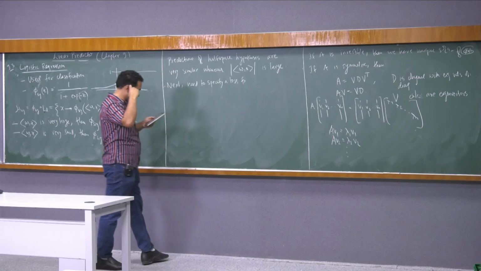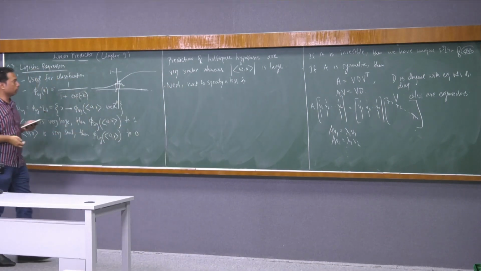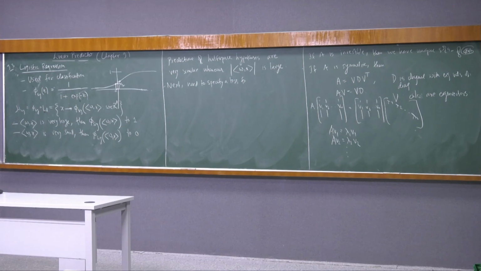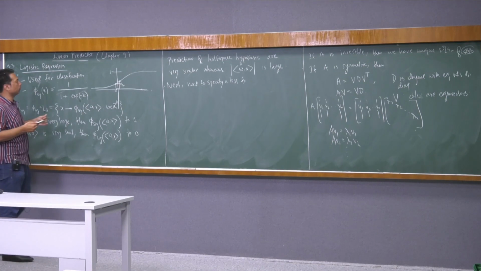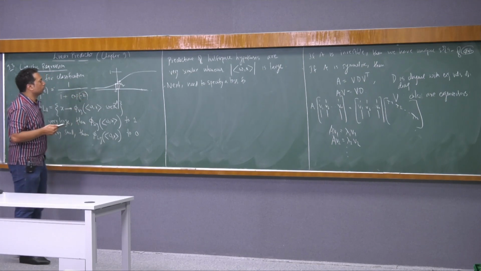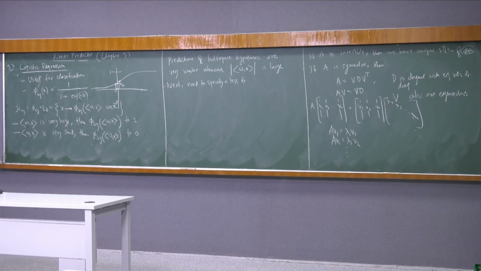In other words, the role of the loss function in machine learning is to guide you about how much error you are making on the supervised data.